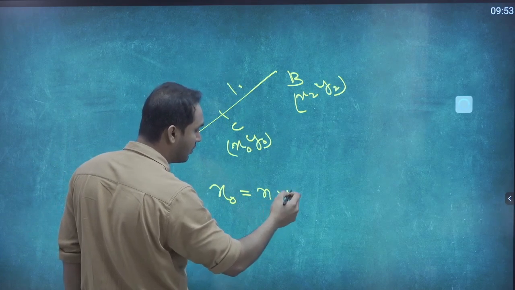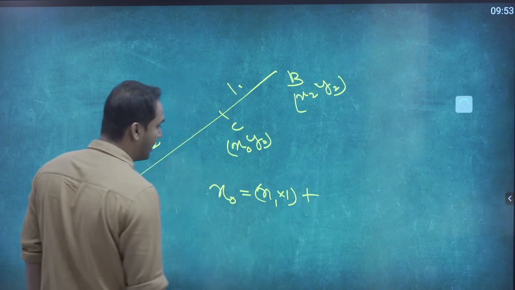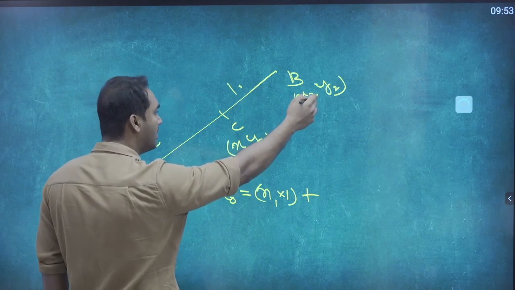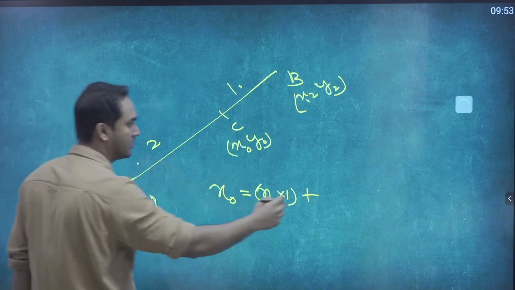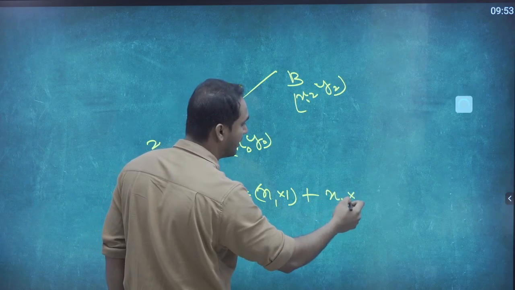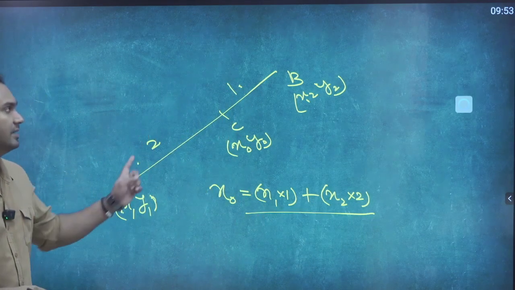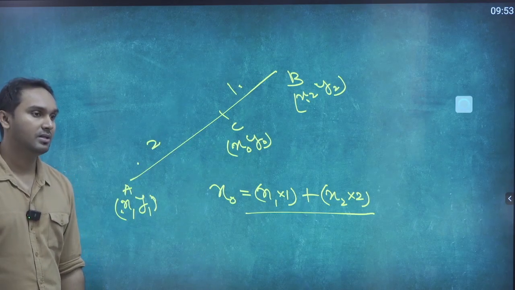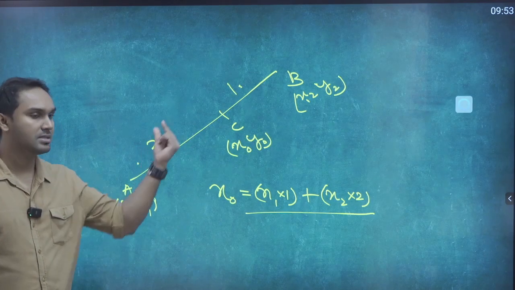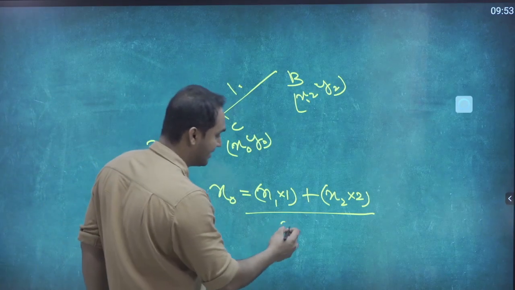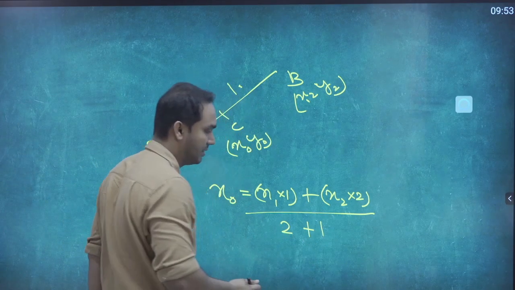So x1 into 1, plus x2 multiplied by 2. Then you divide by the sum of the two ratios, that is 2 plus 1, which is 3.